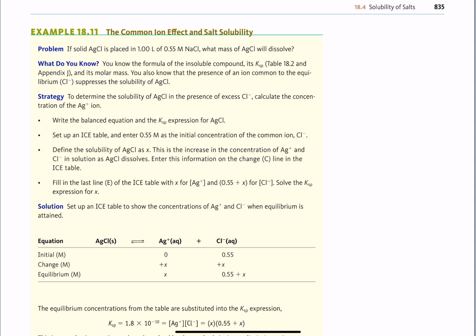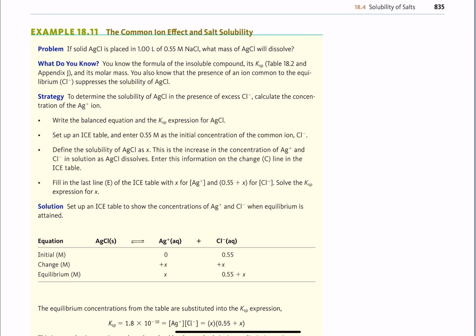Then, because the reaction has to go to the right, because there's no silver ions to speak of in the solution when we add the silver chloride, that means we're going to increase by some amount X both the silver ions and the chloride ions. This is the stoichiometry step.